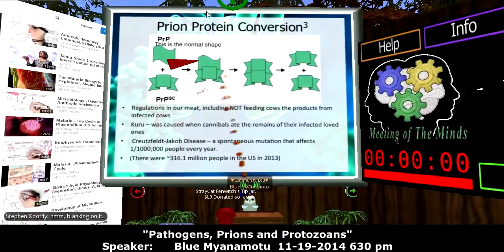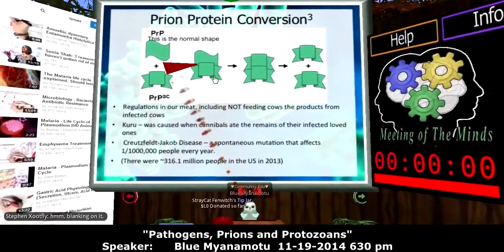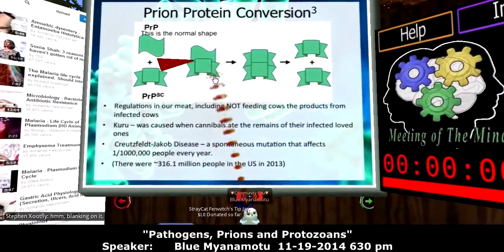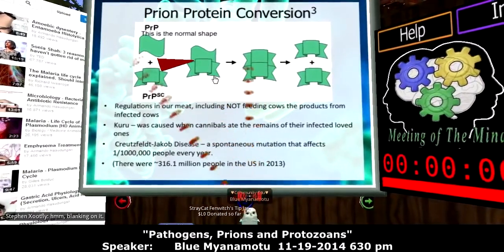When they touch each other, it starts a reaction and folds the normal protein into a prion protein. Isn't that freakish? This is so scary, right? It's almost like a chain reaction, a domino effect. One domino knocks down another domino, now you've got two, and those two hit other prion proteins and convert those over too.